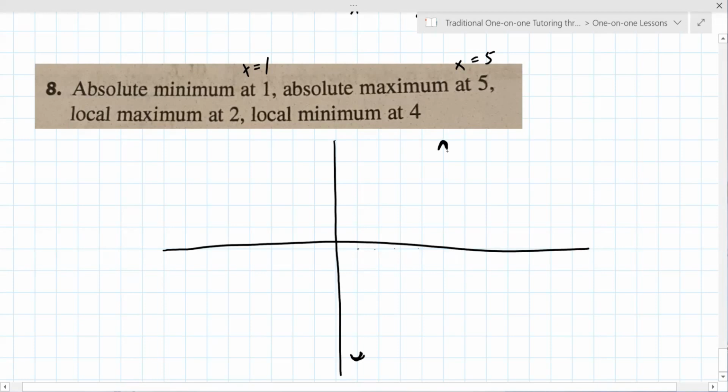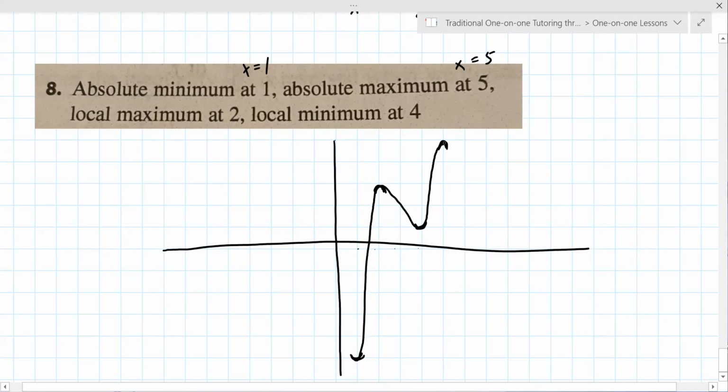Local maximum at 2, local minimum at 4. So at 2, it has to be less than this one by some amount, so I'll just draw one right here. This is to indicate it's a max, and there's a min at 4. Now it can't be this low. There's lots of options, as I mentioned, and I think you'll see it when I start connecting them.